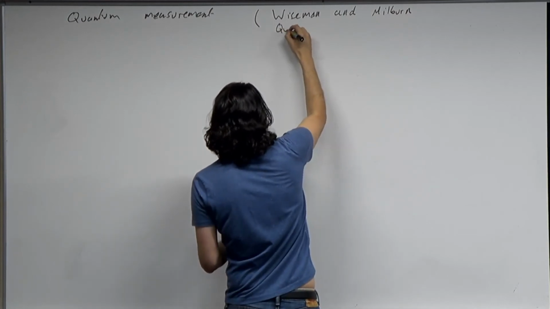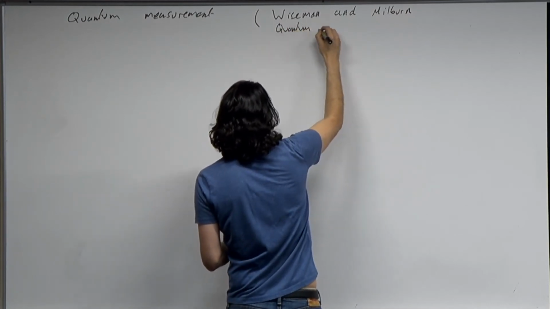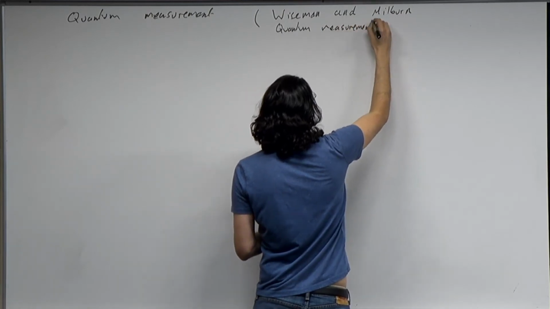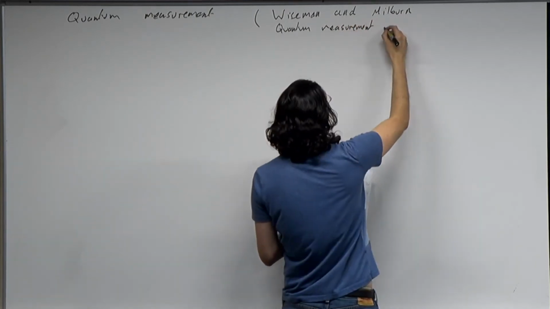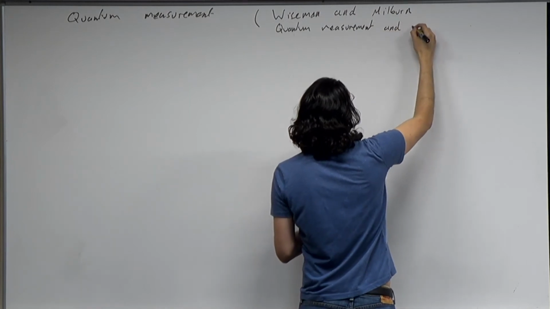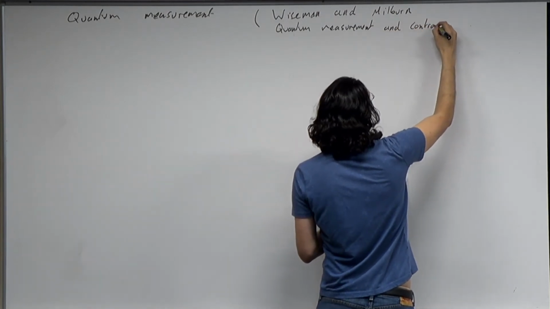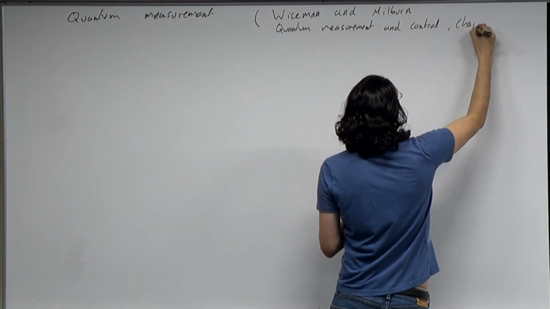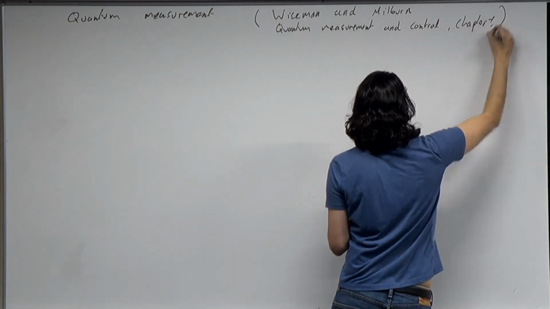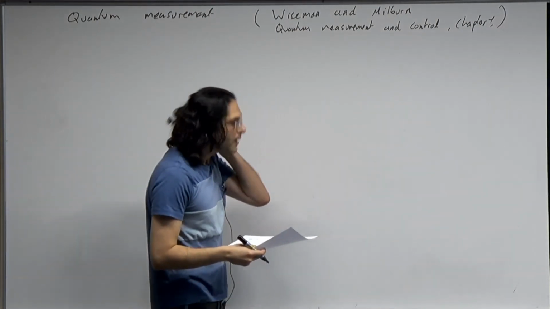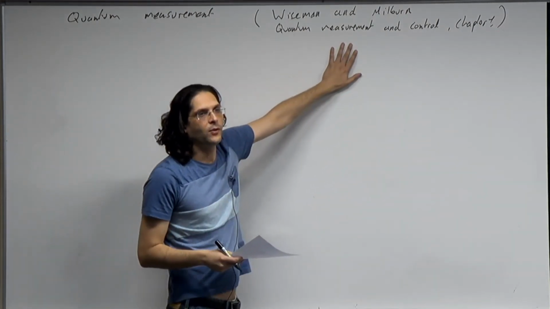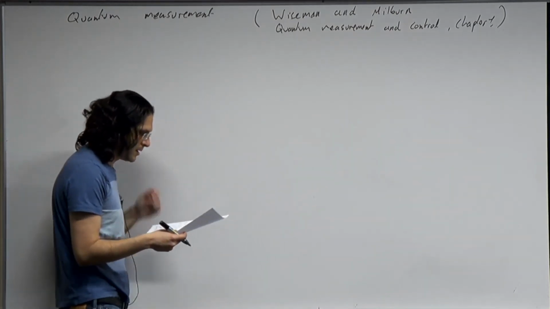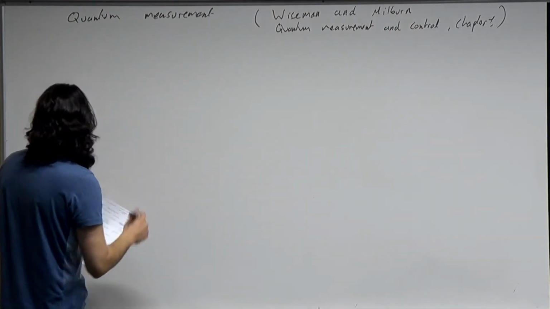It's called Quantum Measurement and Control. Chapter 1. I took some stuff from chapter 1 there. It's a fantastic book, by the way. Very recommended reading, at least the first 2 or 3 chapters. Very insightful.